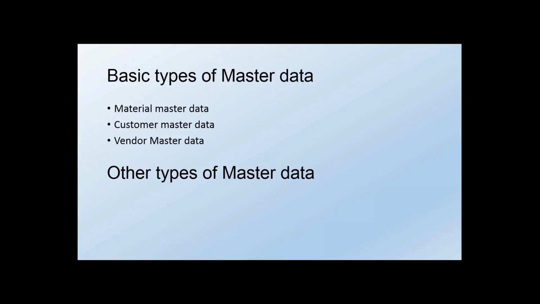Other types of master data are info records, source list, and pricing condition master data. Info records are used to manage, say, tax. India has a different kind of tax system for each state, so to manage that, we can use info records.